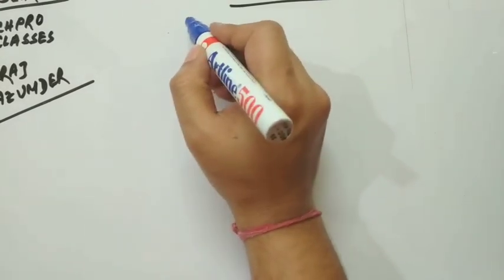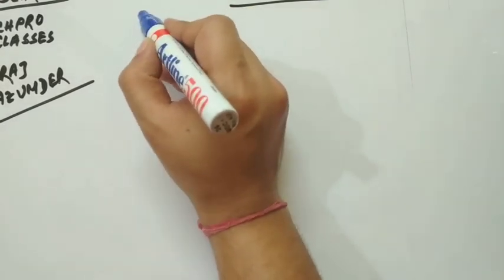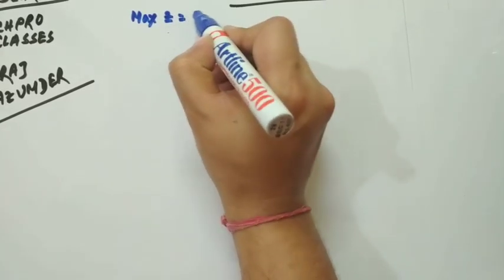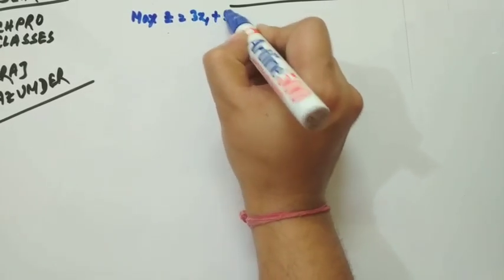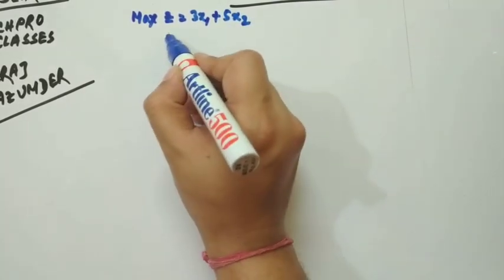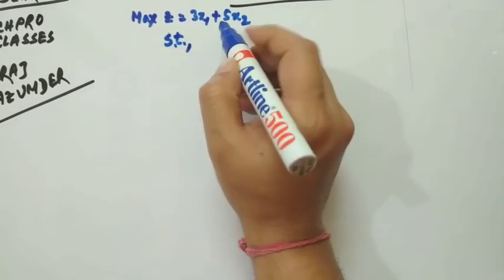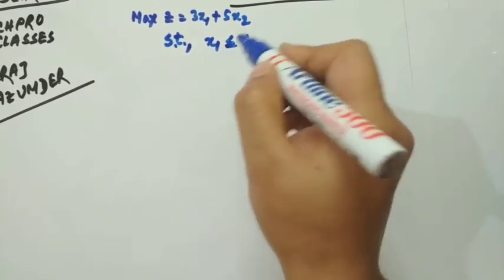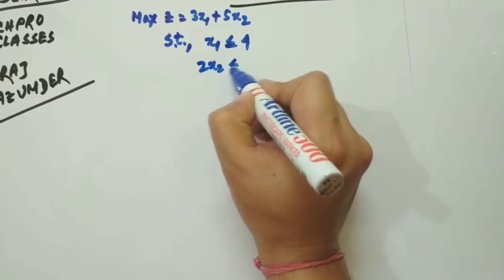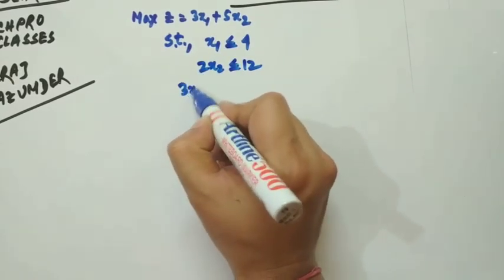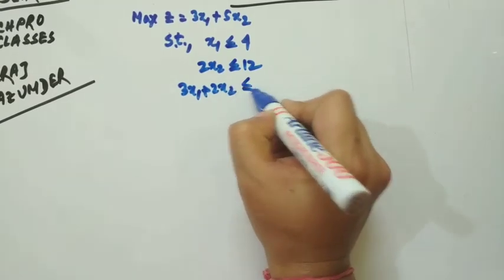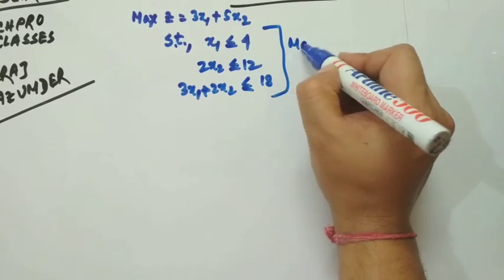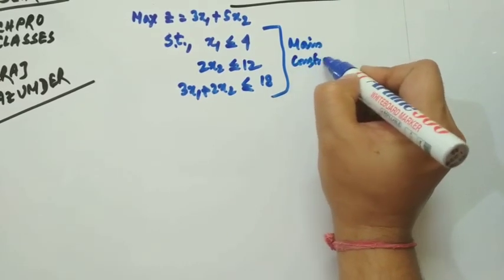Say we have a problem: maximize z equal to 3x1 plus 5x2, subject to constraints x1 less than equal to 4, 2x2 less than equal to 12, 3x1 plus 2x2 less than equal to 18. Now these are the main constraints.